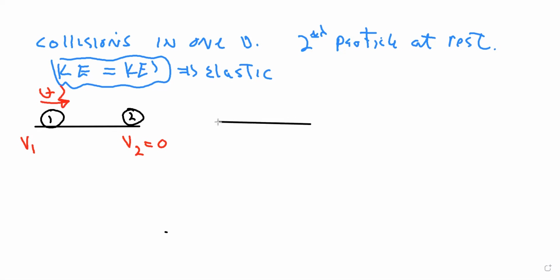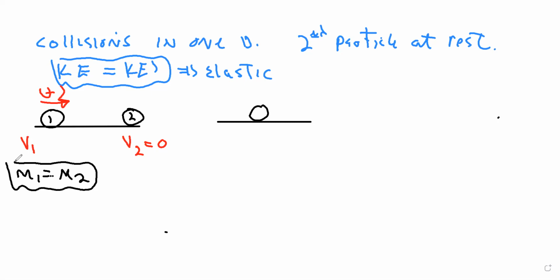So after the collision, what's gonna happen? That's the problem. Let's say mass one is equal to mass two, they have the same mass. After the collision, particle one is going to take the place of particle two, and particle two is going to come this way to the right with a positive velocity.